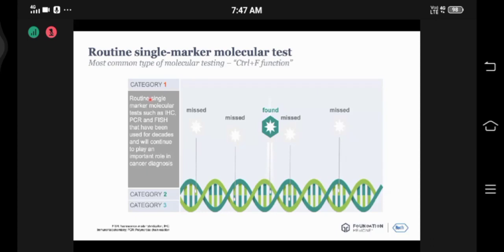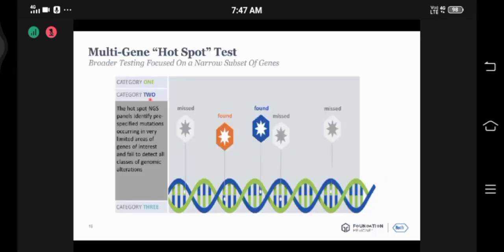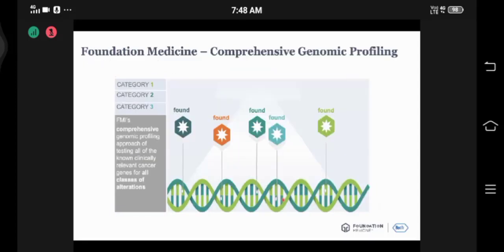So this forms a single marker test. Now we go to the second category, where we're using just a hotspot. We might find only the areas of interest, the 5 or 10 that we are really looking for, and we would have missed so much other information, where changes in another gene might have an implication on what we found here, but that information is not there.